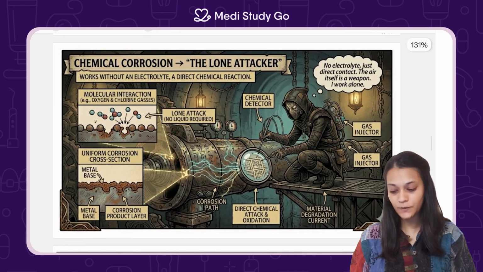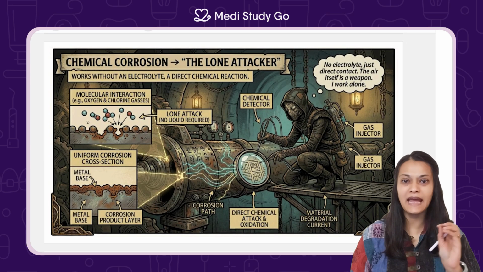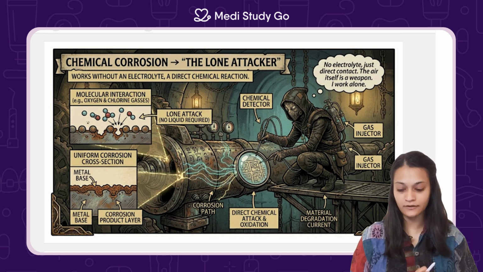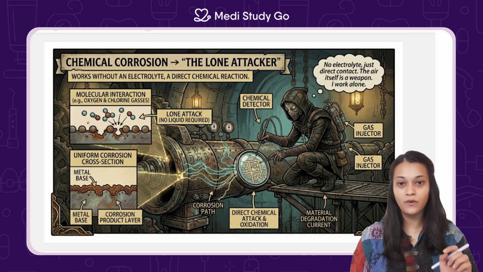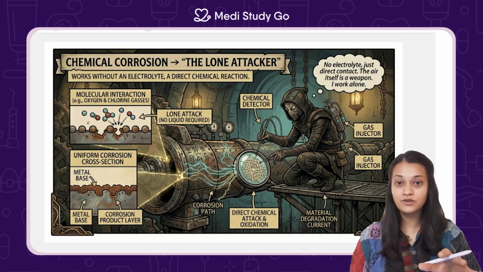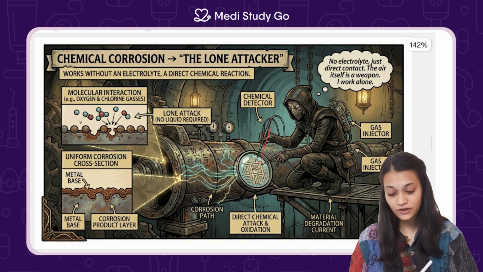Then comes the third person, which is the chemical corrosion. This person is not going to wait for any electrolyte to come and help him, or any point to convert into anode and cathode. He is just going to come in contact, impart his chemical onto it, and start degrading the material. So what is going to happen?